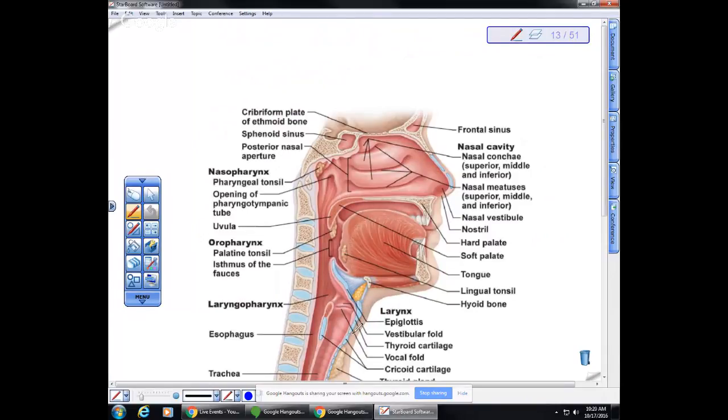So remember, hyaline cartilage is in blue, right? And so this is a hyaline cartilage, and what it does is then it shuts down. And so as food swallows, this valve will close and will actually shut off the opening to the trachea. Okay, so that's the epiglottis and the glottis.